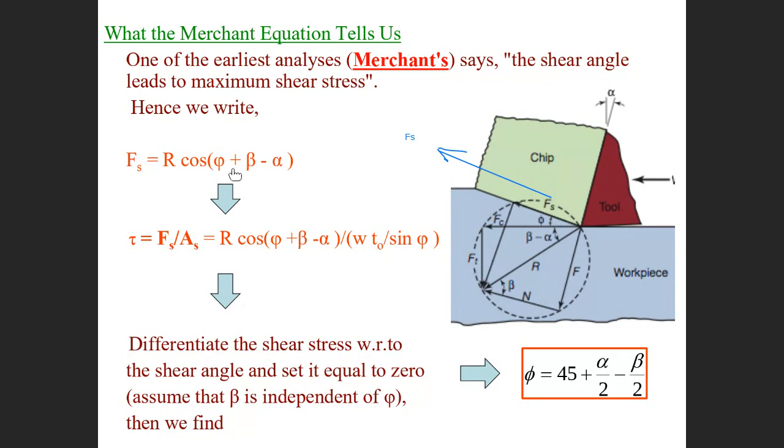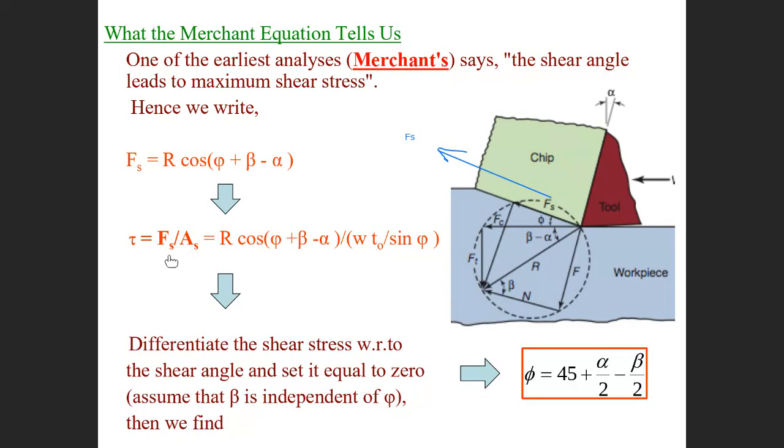Fs equals R cosine(φ + β − α). When cutting happens, the material must reach the maximum shear stress to separate. When you reach maximum shear stress, the material will be separated.